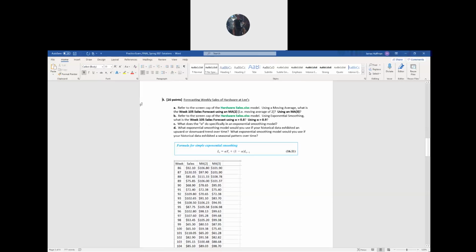So number 3, forecasting weekly sales of hardware at lease. So look at the screen cap for hardware sales and using a moving average, what is the week 105 sales forecast using an MA2, which you know is a moving average of 2, and then using an MA3, which is in turn a moving average of 3.